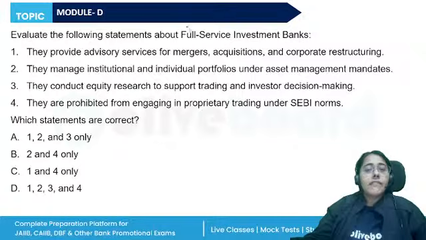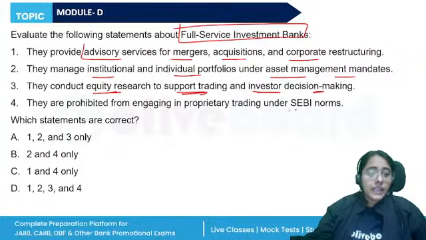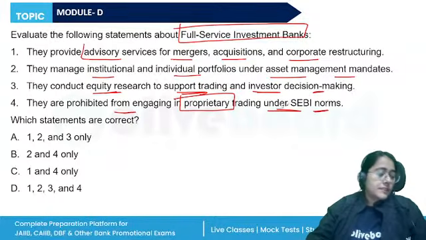Okay. Evaluate the following statements about the full service investment banks. They provide advisory services for mergers, acquisitions, corporate restructuring. They manage the institutional and individual portfolios under the asset management mandates. They conduct equity research to support trading and investor decision making. They are prohibited from trading in proprietary trading under the SEBI norms.